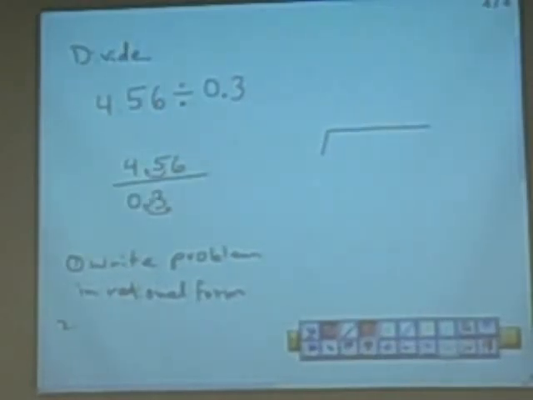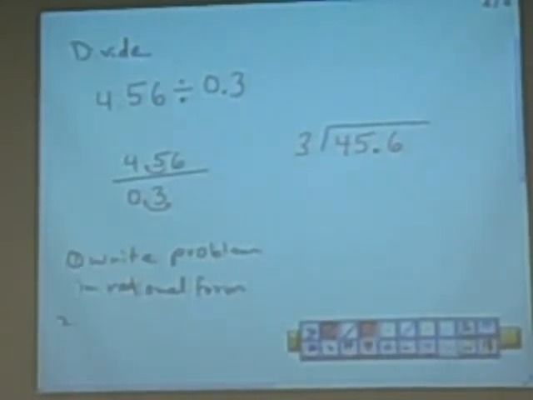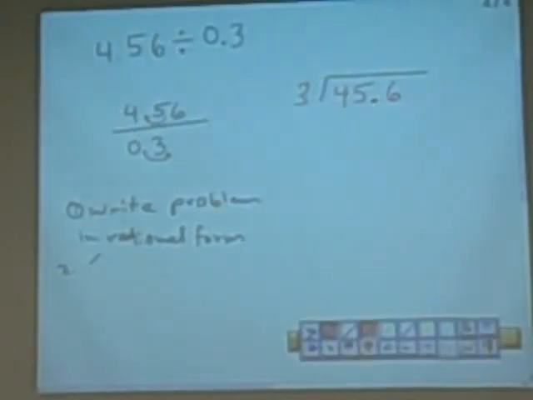But we can't just multiply the denominator times 10, we have to multiply the numerator and denominator. So when we move the denominator one decimal point, we have to move that numerator one decimal point as well. So that becomes 3 divided by 45.6.